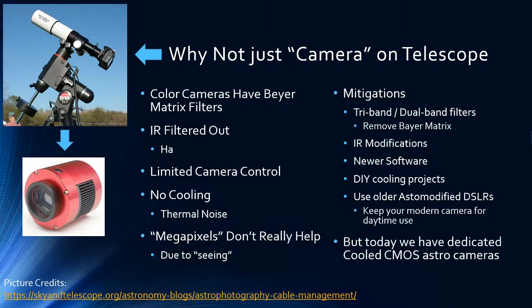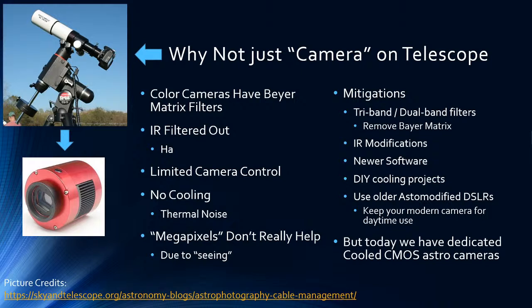So every 4 pixels has one red, one blue, and two green filters in front of them, and that limits what you can do. It makes it difficult to do narrowband because there are already color filters in the way.